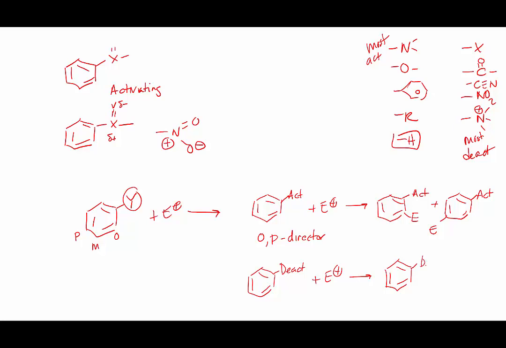You get meta. And you get the meta almost exclusively. You get very little ortho and very little para. Okay. So that deactivating groups then are called meta directors.